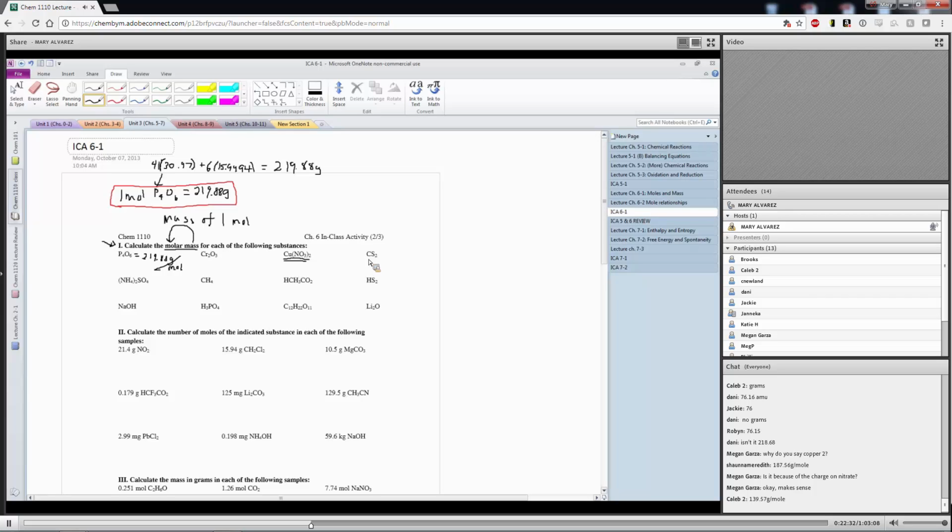Okay, Shauna Meredith and Caleb came up with 2 different answers. Can I have a tiebreaker? Somebody else to weigh in here? We're going to take the mass of 1 copper atom plus the mass of 2 nitrogen atoms plus the mass of 6 oxygen atoms, right?